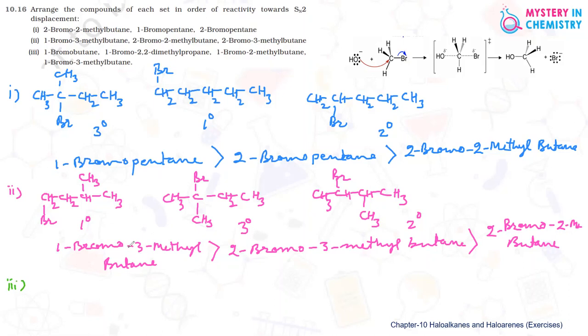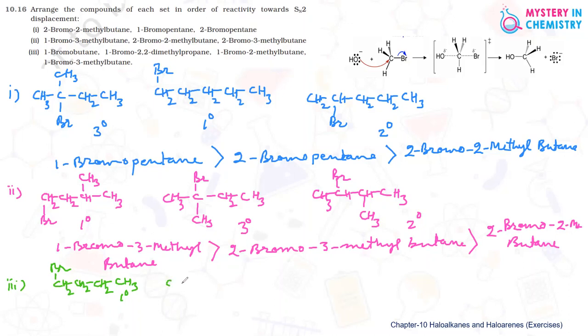In case of third, 1-bromobutane, 1, 2, 3, 4, 1 bromo. So remaining hydrogen CH2, CH2 and CH3. This is 1-bromobutane, and it is primary halide. And second compound given is 1-bromo-2,2-dimethyl propane.